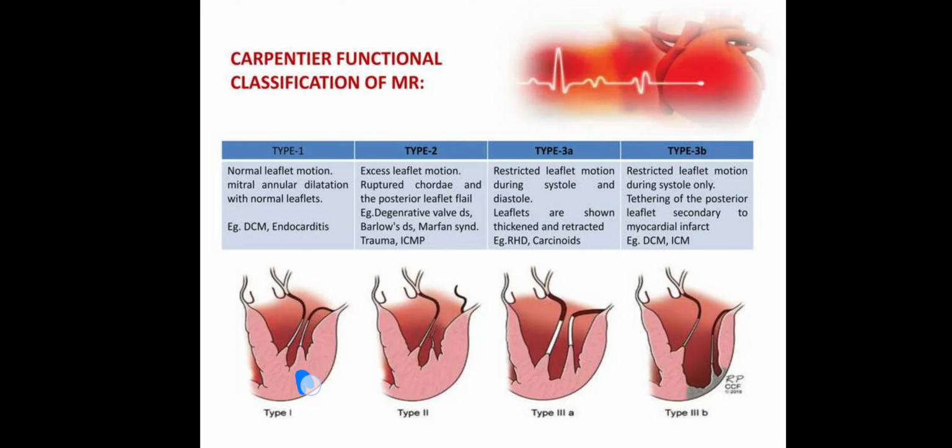Look, type 1 is normal leaflet motion, but there is mitral annular dilatation. In DCM and endocarditis, type 2 has excess leaflet motion because of chordae rupture. Then type 3A, both during systole and diastole. Type 3B, during systole only.